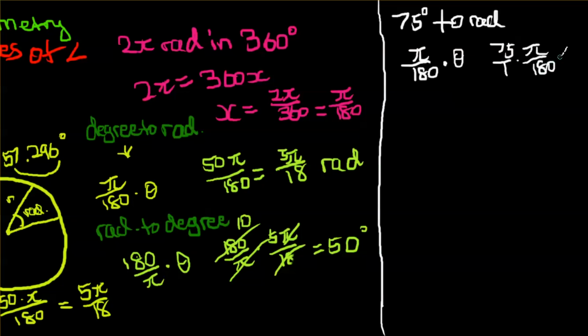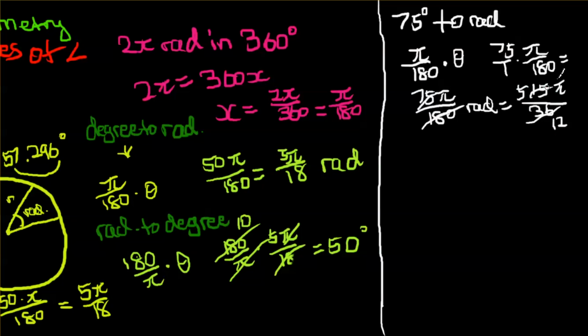If we multiply that, we get 75 pi over 180 radians, which we can simplify. We can divide both of these by 5, which gives 36 on the bottom and 15 on the top. Actually, we can simplify it again to 5 pi over 12. So there you go.